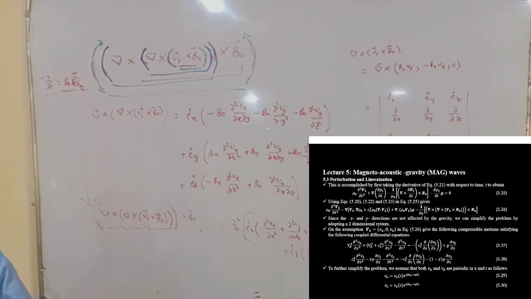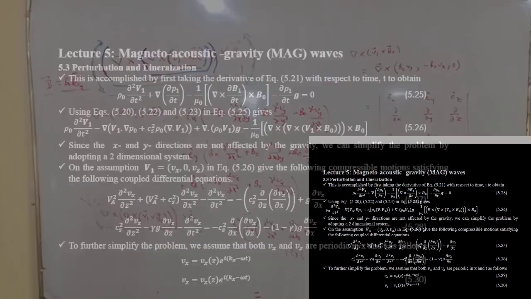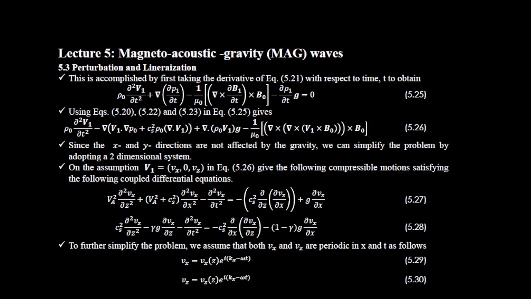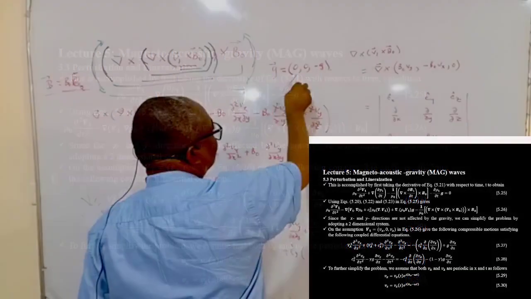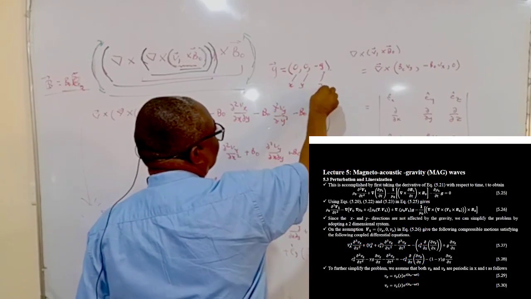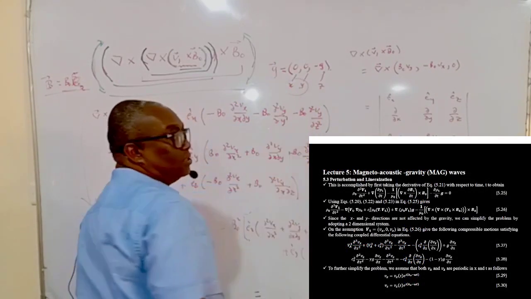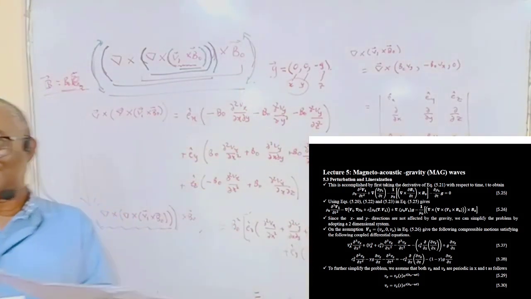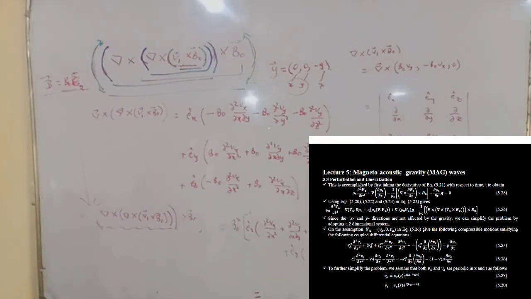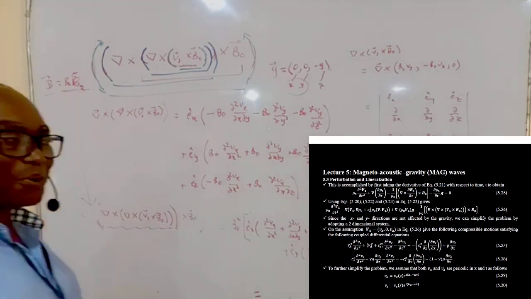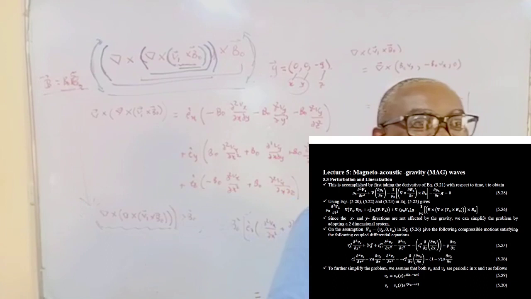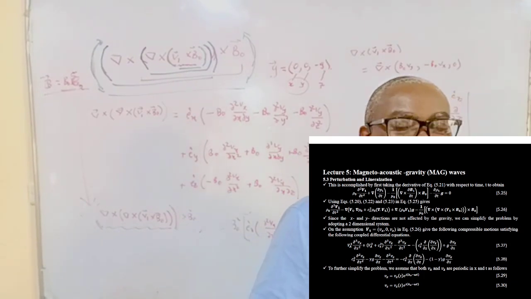Now, listen. How did we define G? This is X, this is Y, this is Z. So, you see, they are not affected. Now, our problem will be in the XZ plane. It will be where?